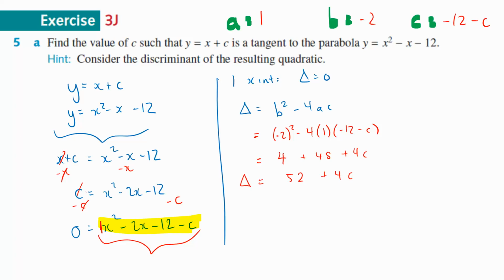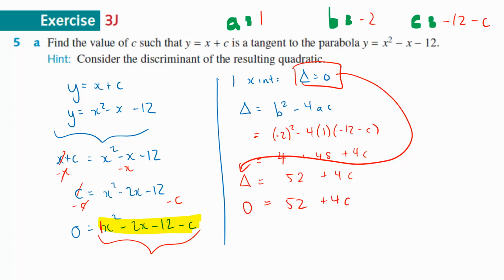Now, we've got the discriminant, but we said the only way to get one intercept or one solution was if the discriminant equals 0. So if this equals 0, what should c be? That's all you're asking. If the discriminant is meant to be 0, then what would c have to be to make 52 plus 4c equal 0?